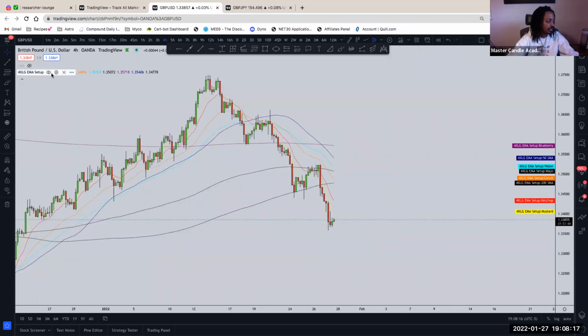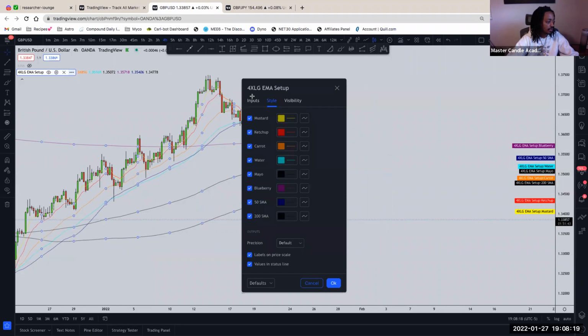So I go into the settings. All right, and we see the settings here. We've got different names, different numbers. So I'm going to tell you what we are focused on when we are using the 4XLG. Our main focus is going to be mustard, ketchup, water, mayo, and blueberry.